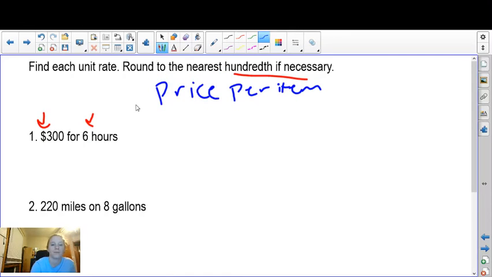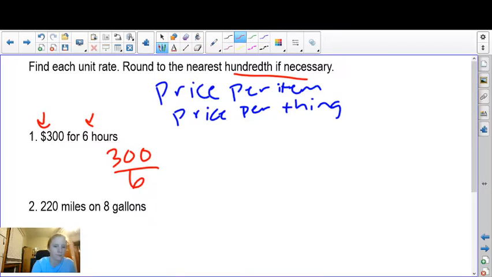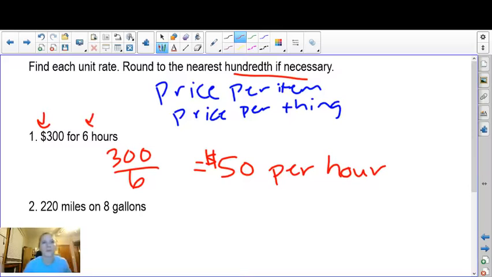It's not the easiest to write on this touchscreen, by the way. So we're going to take 300 divided by 6. And we know that 30 divided by 6 is 5, so my answer theoretically should be 50. But we know it's late, and we're going to double check. So $50 per hour. And you're probably like, well, what did we do with this $50 per hour? Maybe that's how much you made. Maybe that's the price of renting a bouncy house. Who knows?